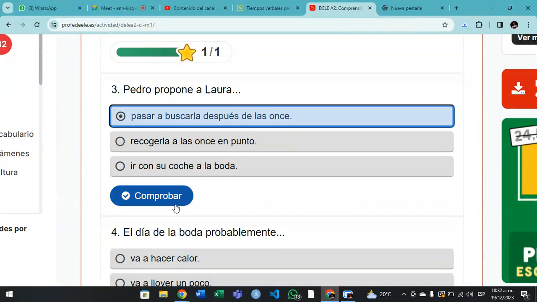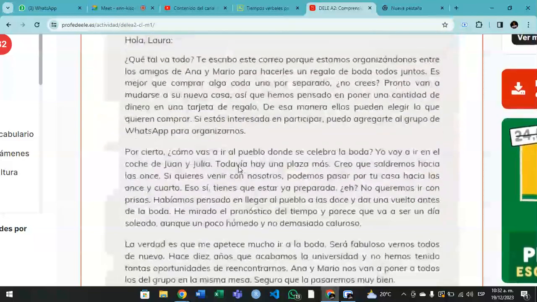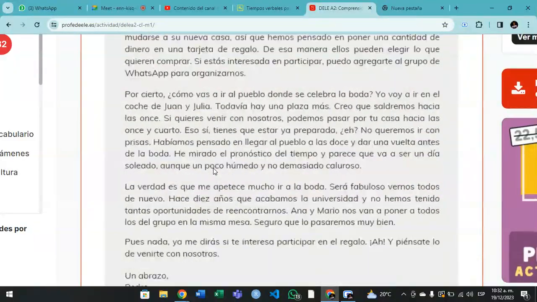And C is not that one because they're going to the wedding in Juan and Julia's car.